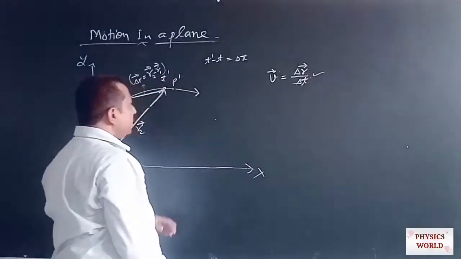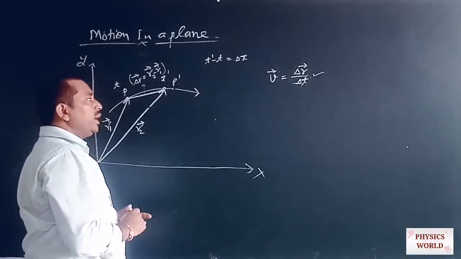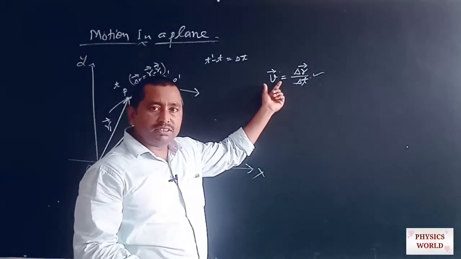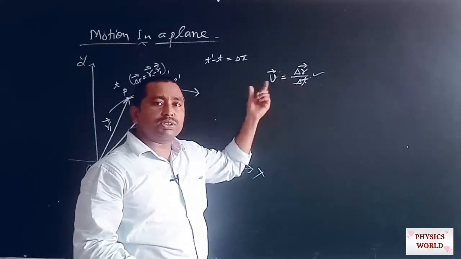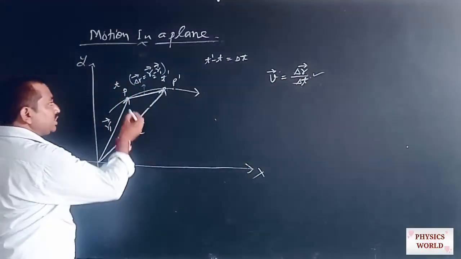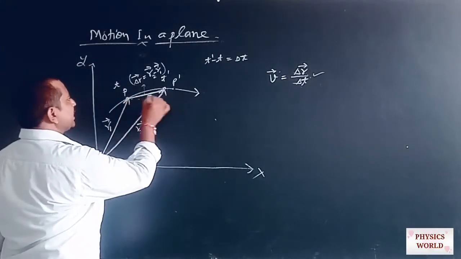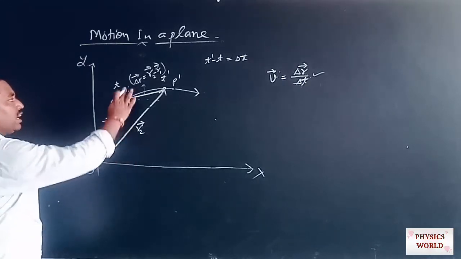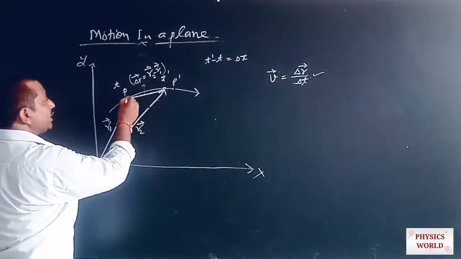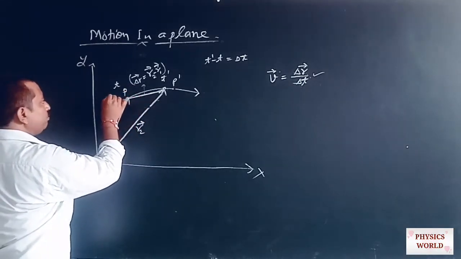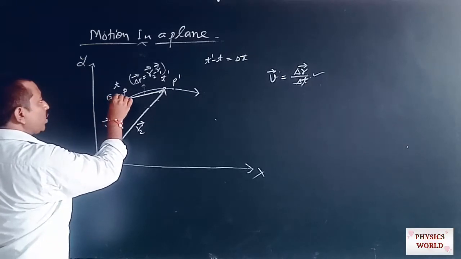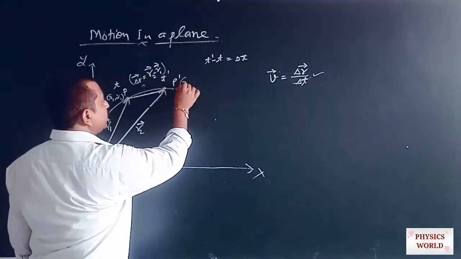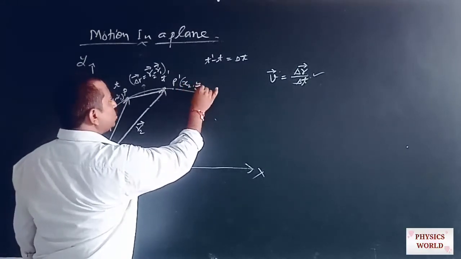If you want to calculate this velocity in two different components with the help of resolution of a vector, say the velocity of the particle along the x-axis and along the y-axis, you first have to find the position coordinates of the point P. Assume the position coordinates of point P are x1, y1 and of point P dash are x2, y2.